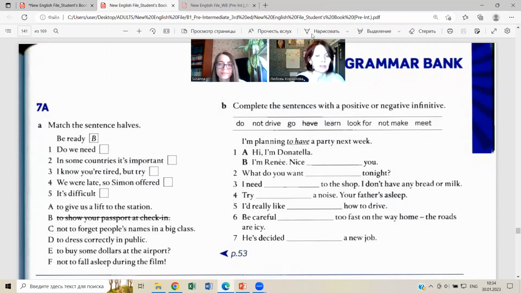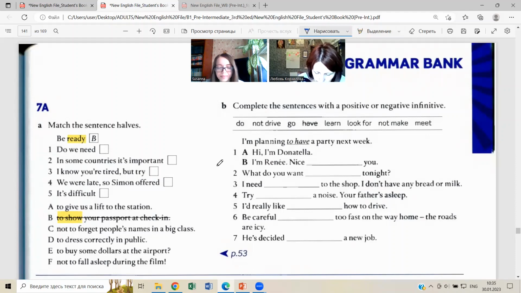Here we see the infinitive to show, the infinitive with to. And what is the rule here? Why do we use the infinitive with to? Be ready. Adjective? Yes, so ready is an adjective. After an adjective.